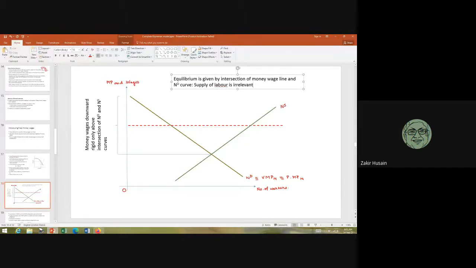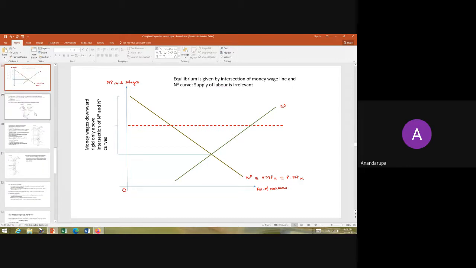The supply curve of labor is irrelevant over here. Is it clear? Yes, sir.